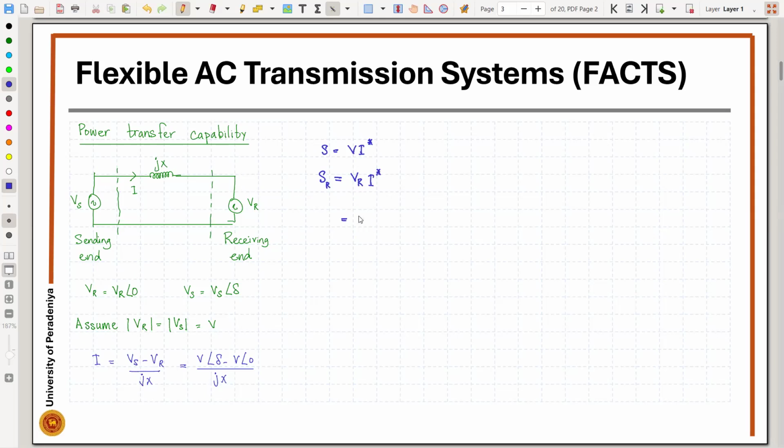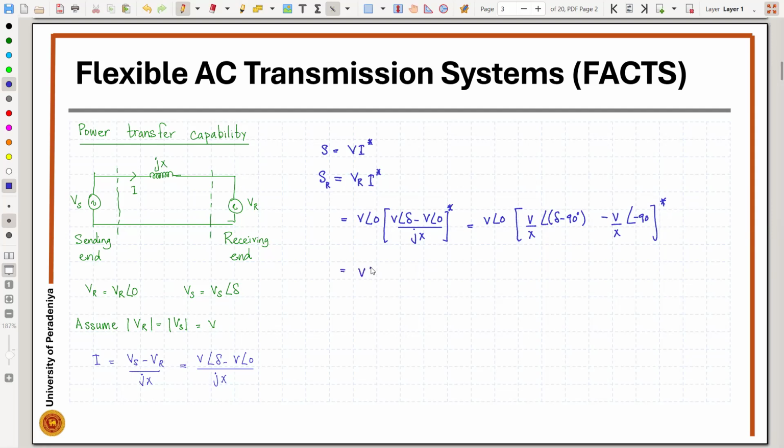So VR is V angle 0 and the current is V angle delta minus V angle 0 over jX, and conjugate. So this we can write as V angle 0 times V over X angle delta minus 90, minus V over X angle minus 90, and conjugate.